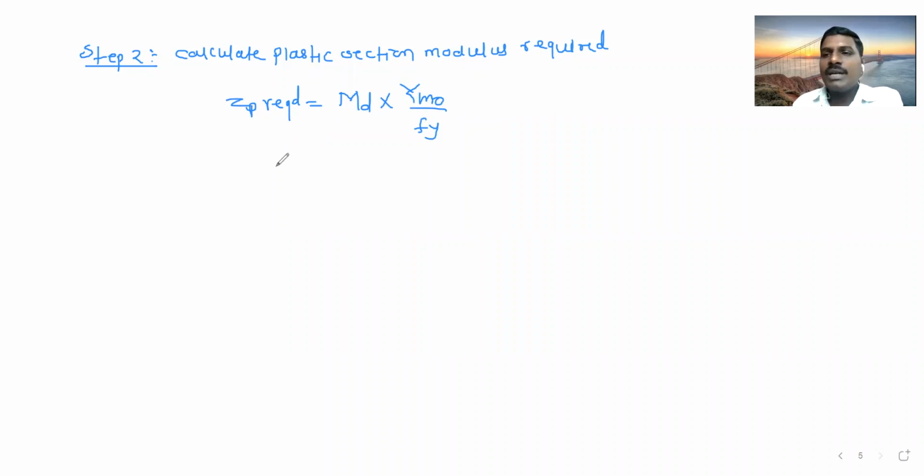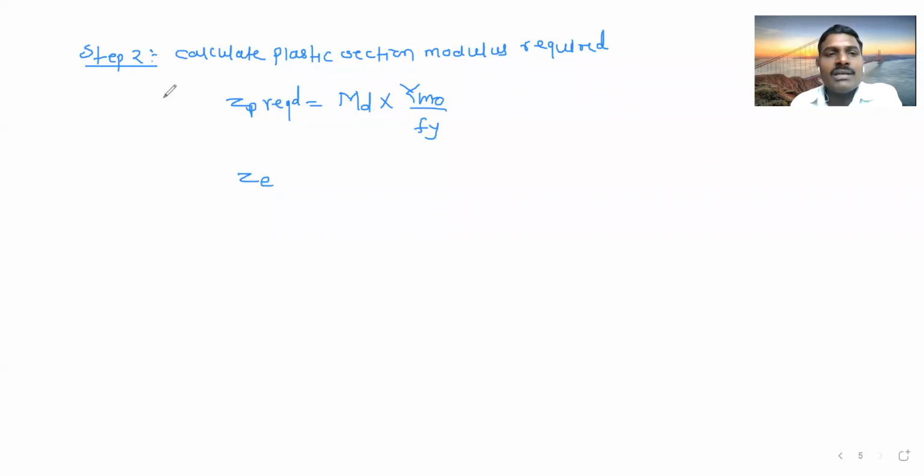Now generally we are using an I section. For an I section, this is ZP. So ZP required is equal to, sorry, ZE we have to calculate, because in the IS code the ZE value is given. When can we get the ZP value?